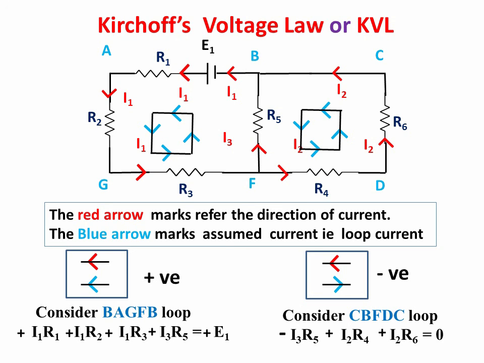Is there any EMF in that circuit? No, hence you put 0. Clear? So the finding of these two equations is very, very important. For that you have to choose the loop and the current direction, and assumed current directions are very, very important.